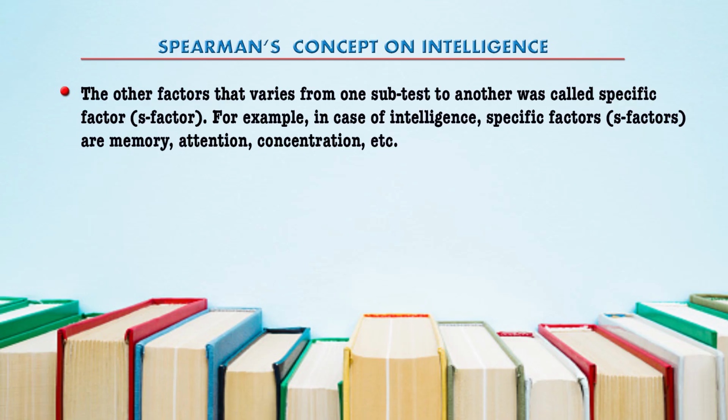But at the same time, Spearman says that the other factor, which varies from one subject test to another, was called the specific factor, the S factor. For example, in the case of intelligence, specific factors are things like memory, attention, concentration, etc. Here you see, apart from the intellectual abilities, there are other abilities also required to acquire knowledge, to develop understanding, and further to practice it. That is called the S factor.